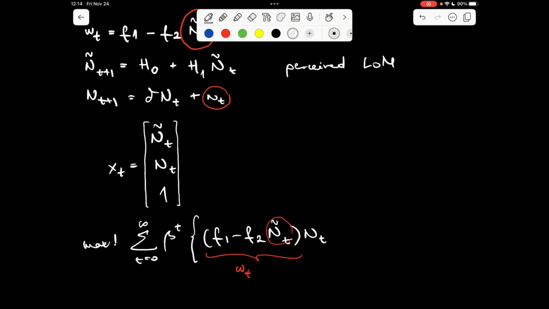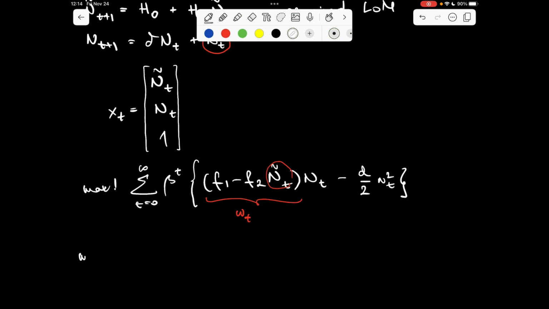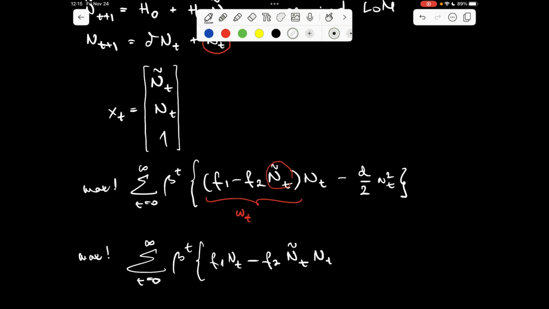Here comes the endogenous state, and this is the cost component. Okay, and we can rewrite the same equation again to get ready to translate the problem into the optimal linear regulator framework.